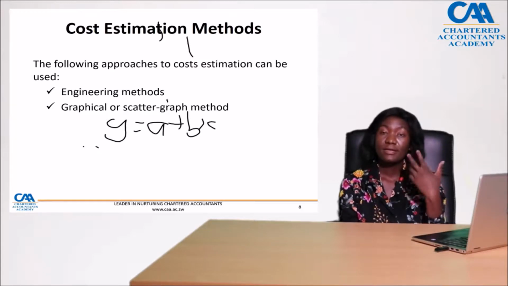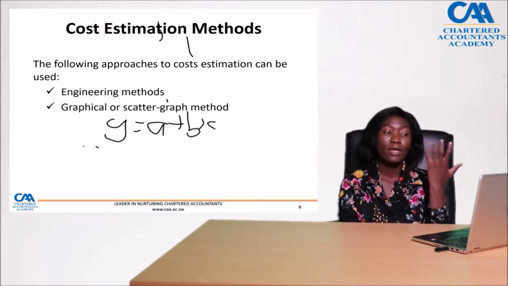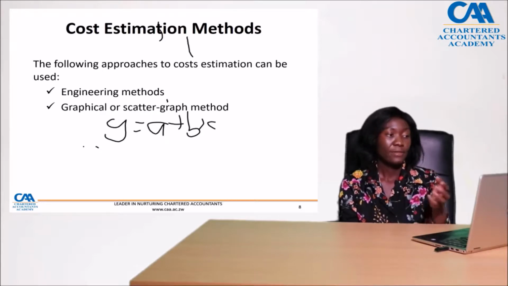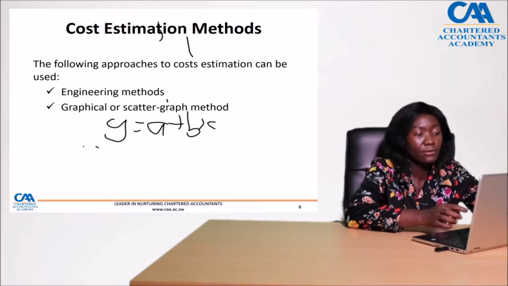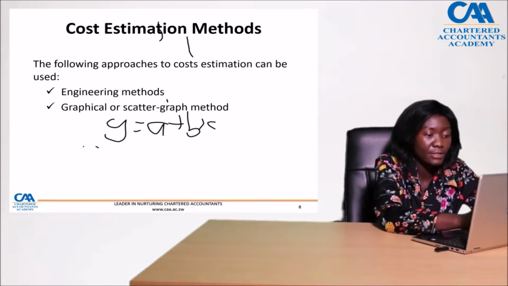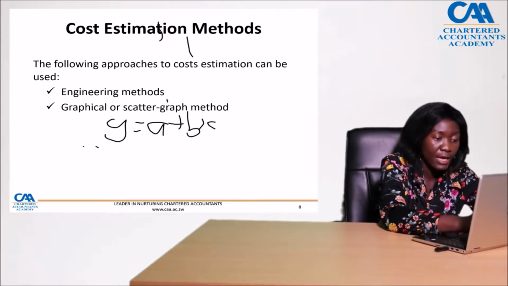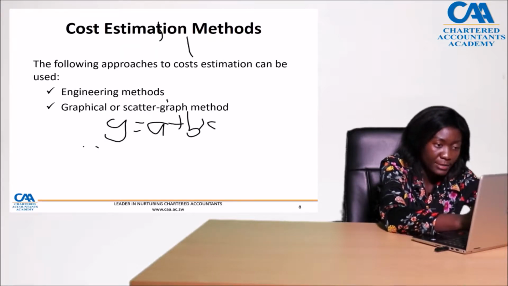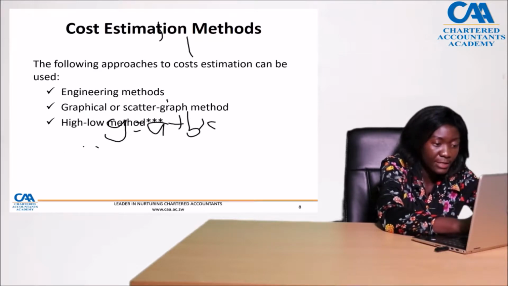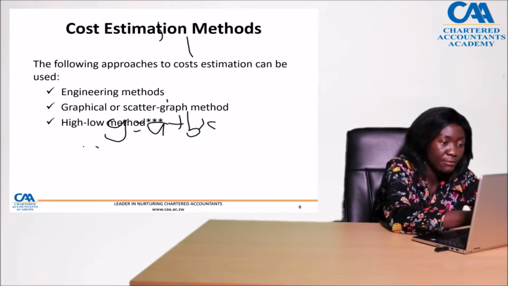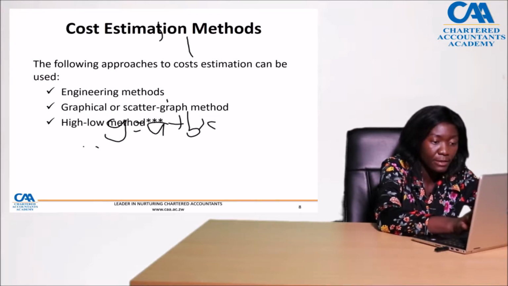Let's have an example so that we can illustrate what the high-low method looks like. When we are using high-low, I take my highest cost and subtract my lowest cost, divided by the highest activity, which is 30,000, less my lowest activity level.